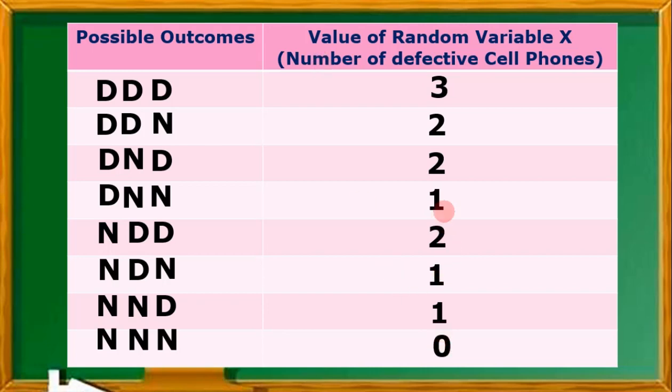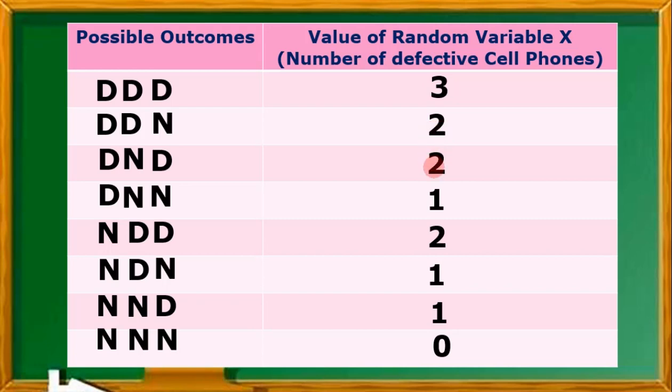And how many have 1 defective? So how many ones? 1, 2, 3. There are 3 out of 8. So the probability of x equal to 1 defective cell phone is equal to 3/8, or 3 out of 8. What is the probability of x equals 2?